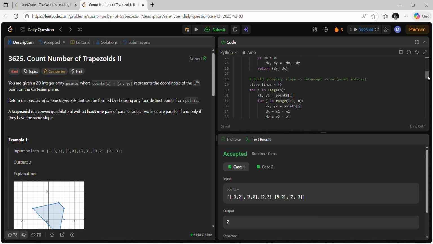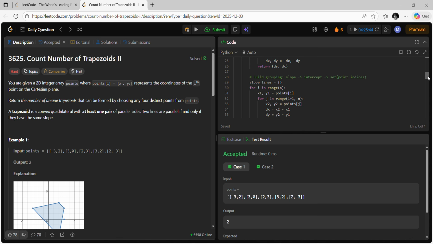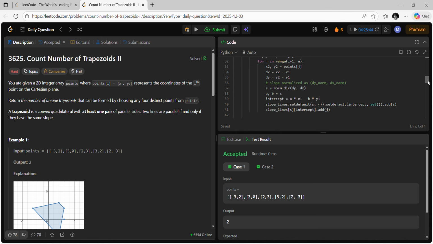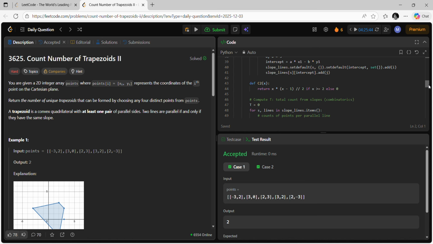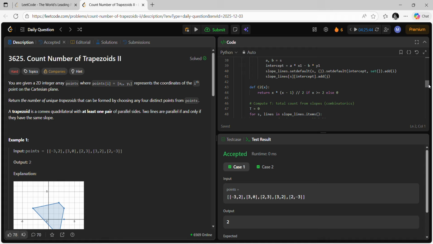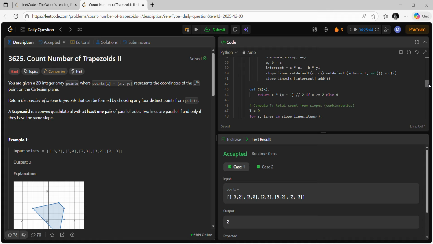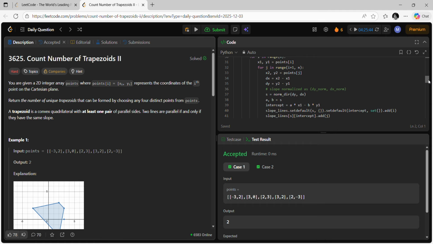In lines 28 to 41, we build a nested dictionary, slope_lines, mapping slope to intercept to the set of points and indices on that particular line.